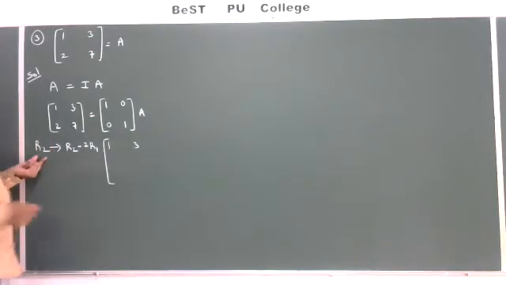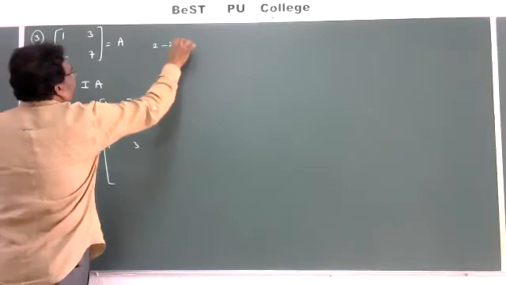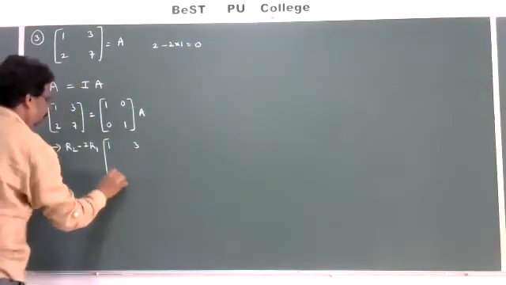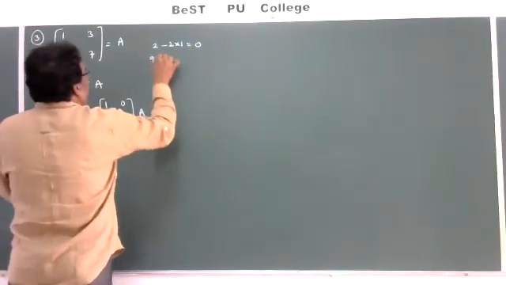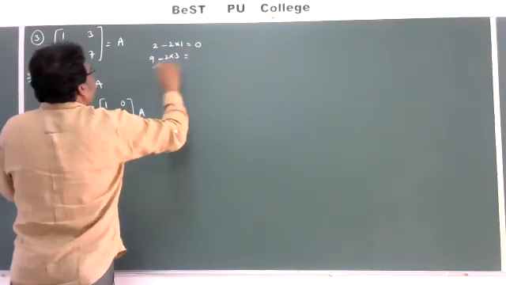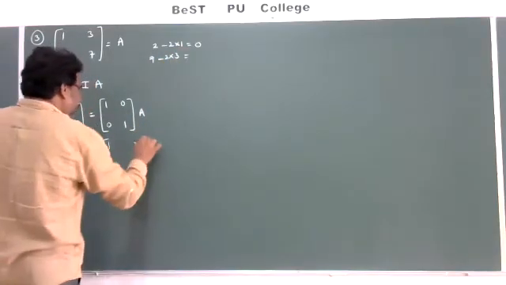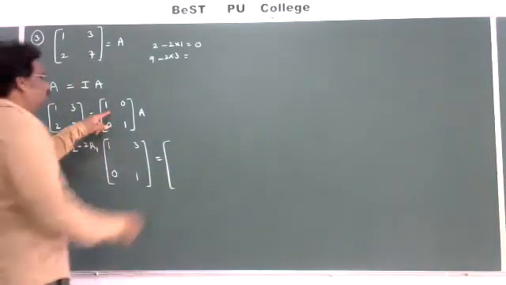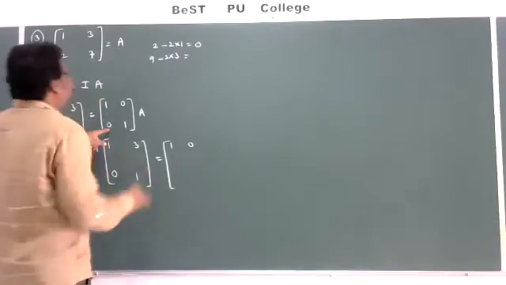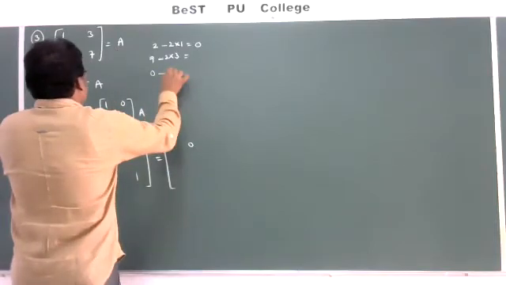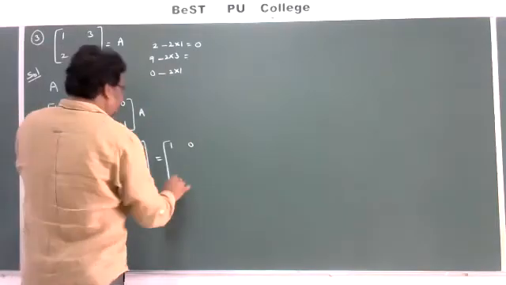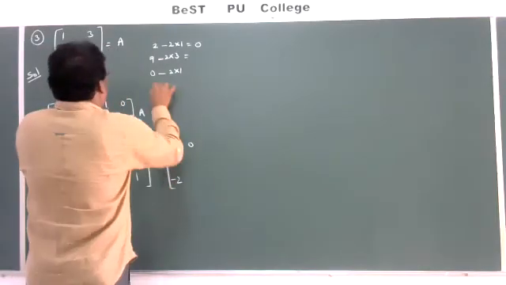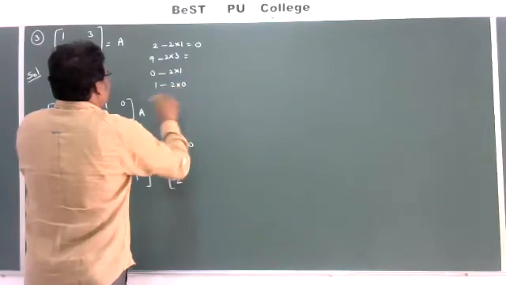The change is in the second row: 2 minus 2 into 1, that is 0, and 7 minus 2 into 3, that is 7 minus 6, 1, is equal to the matrix: first row same, 1, 0; here 0 minus 2 into 1, that is minus 2; 1 minus 2 into 0, that is 1, into A.